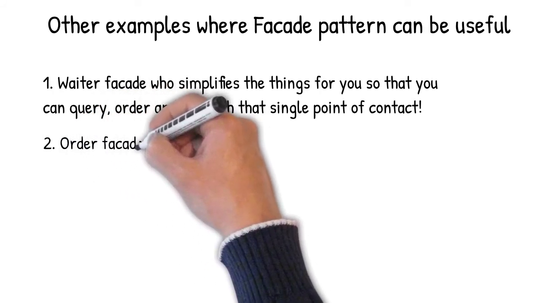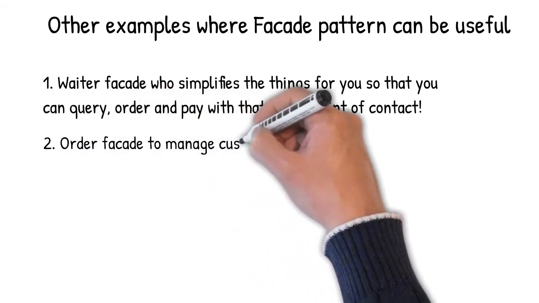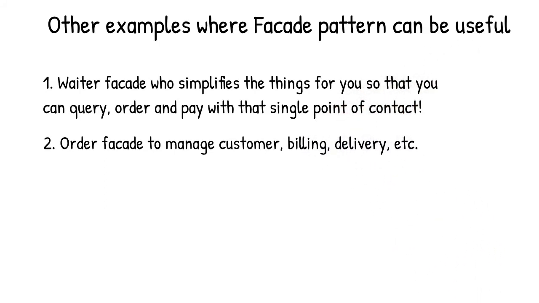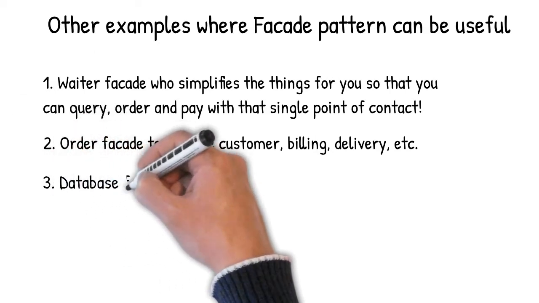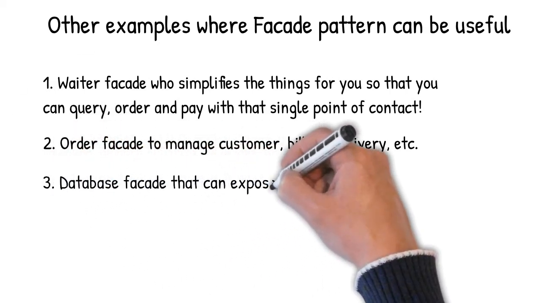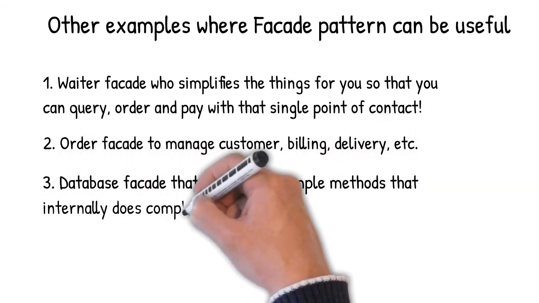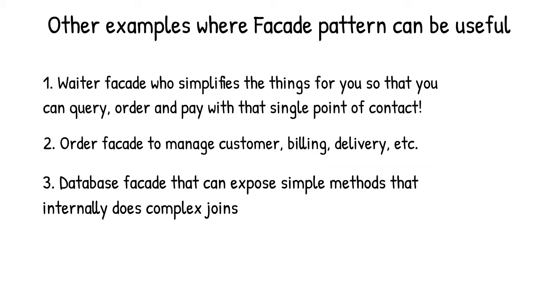Second example could be of Order Facade, which manages customer, billing, and delivery. And the third example could be of Database Facade, that provides simplified methods which internally hide the complex joins on the tables.